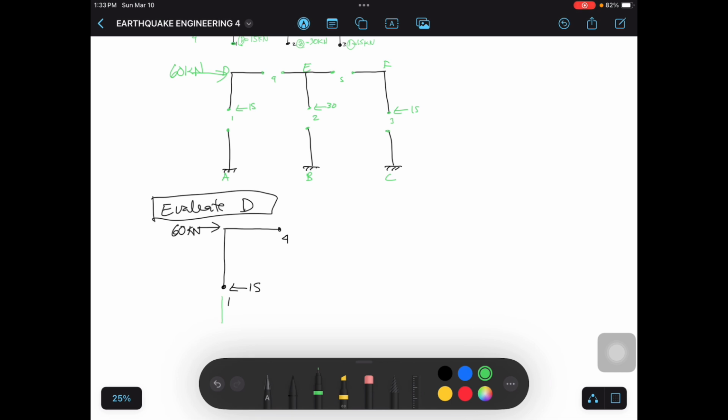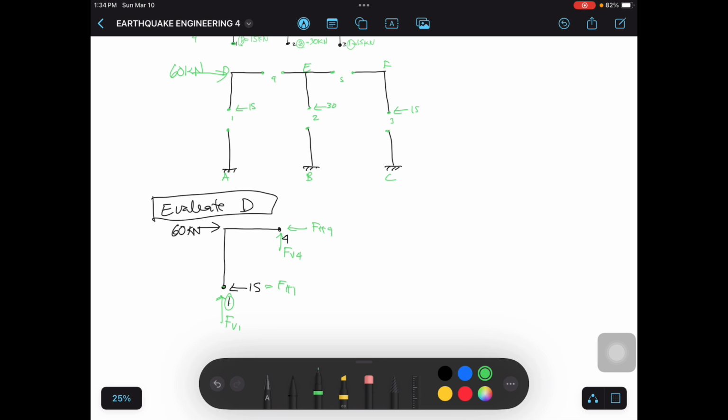Ang hahanapin mo na lang is vertical. Name natin sila na FV sa point 1. This is FH sa point 1. Dito, missing ang FV point 4. And missing din ang FH sa point 4.